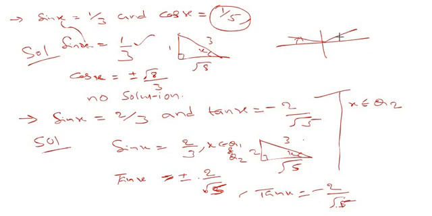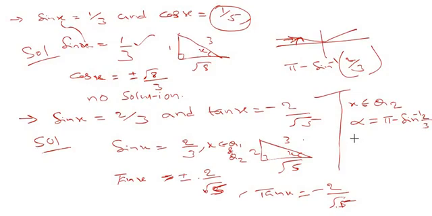Here sin x is 2 by 3. This angle is nothing but 180 minus sin inverse 2 by 3. So we can take alpha as 180 minus sin inverse 2 by 3.